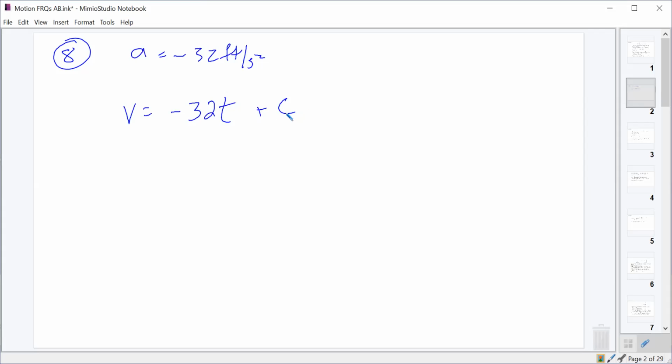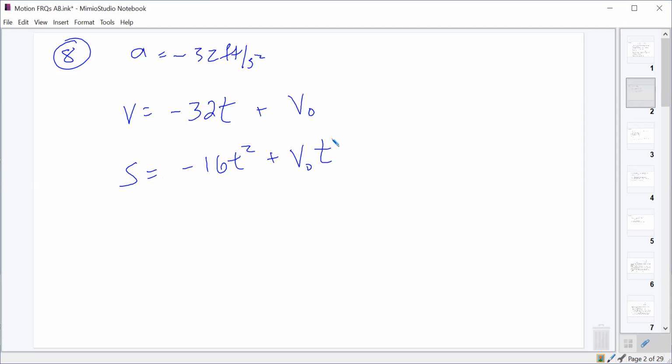We'll call this our initial velocity. Then to find the position, we integrate this. So our position, we'll call it S, should be negative 16t squared plus our initial velocity times t.